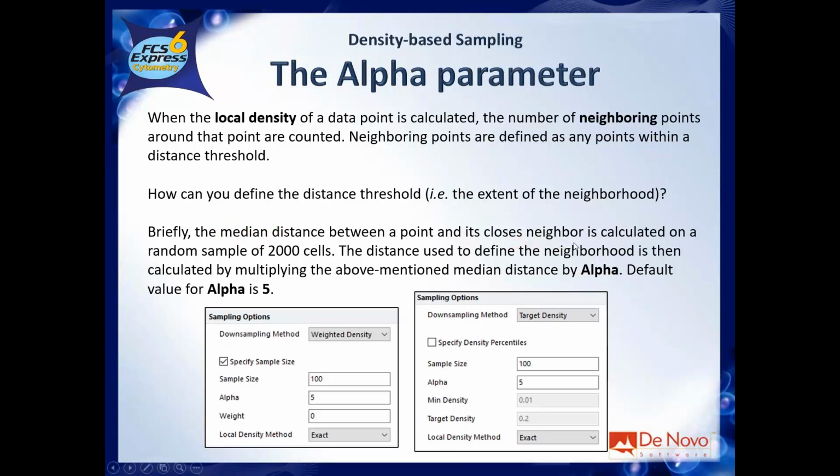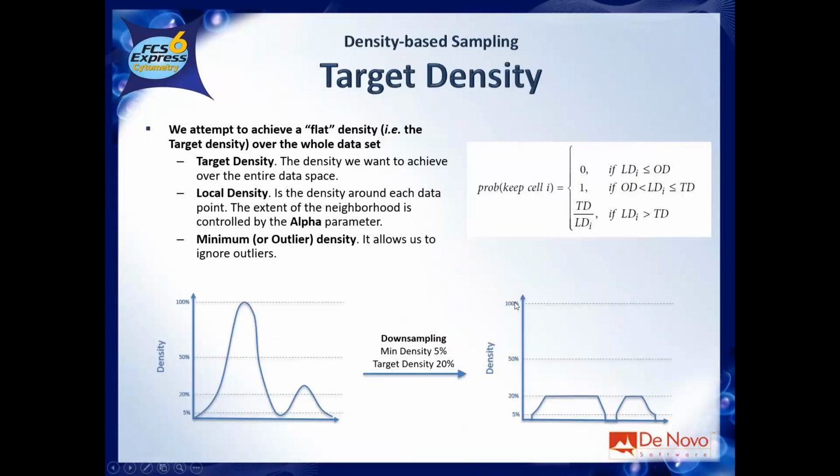And you see this alpha parameter is available for both the weighted density method here and the target density method here, because again, it's a way to define how large the neighborhood is. So let's see how the target density sampling works.